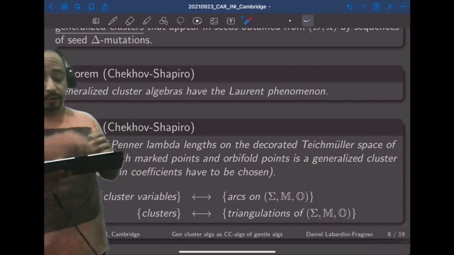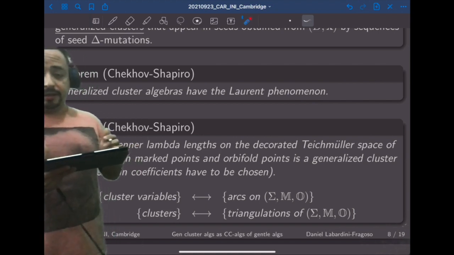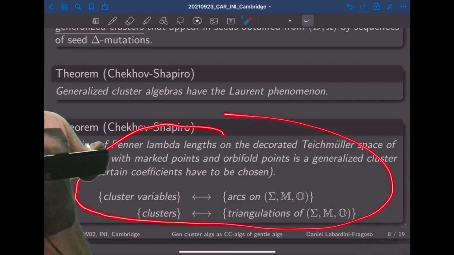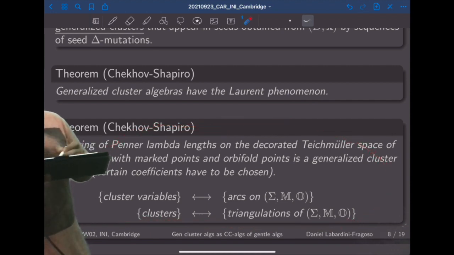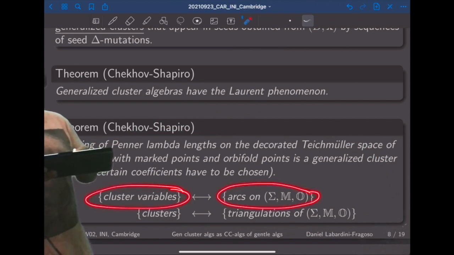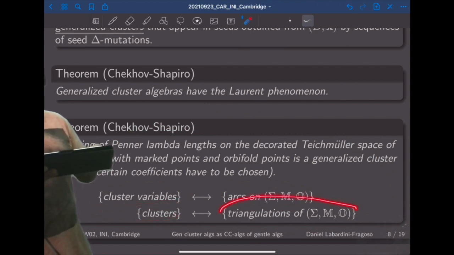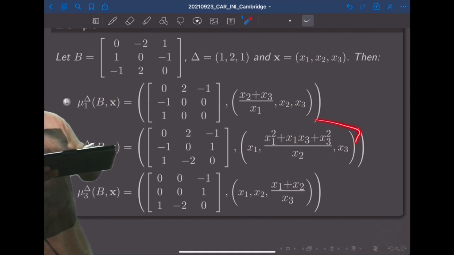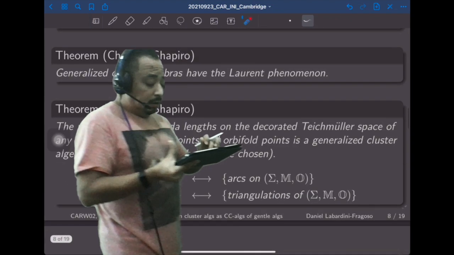So there's a completely parallel picture here, where the cluster variables are parameterized by arcs on the surface, and the clusters are parameterized by the triangulations, and the flip of triangulations corresponds to mutations of clusters, but now mutations in this sense.